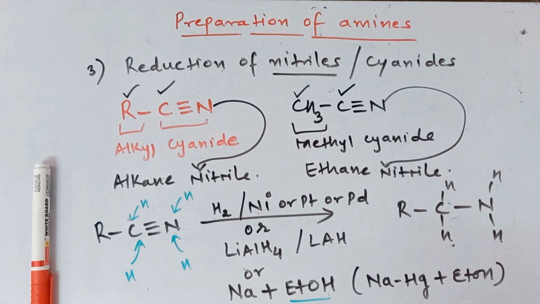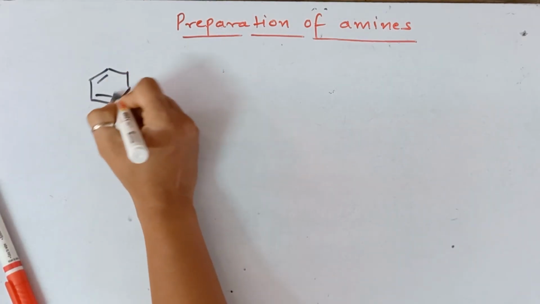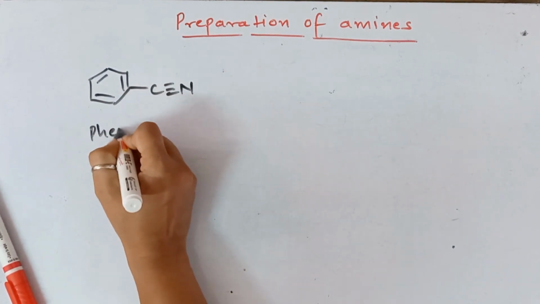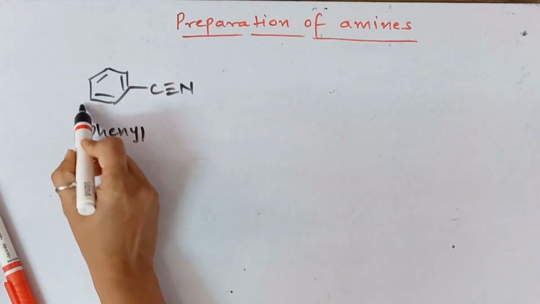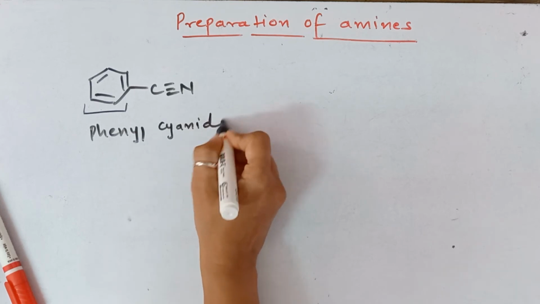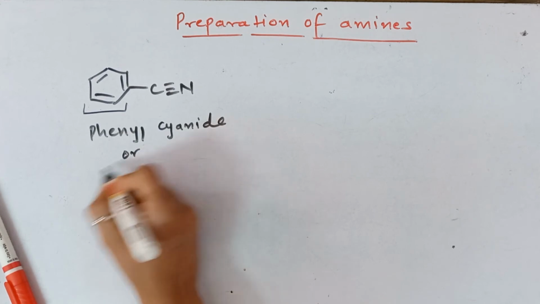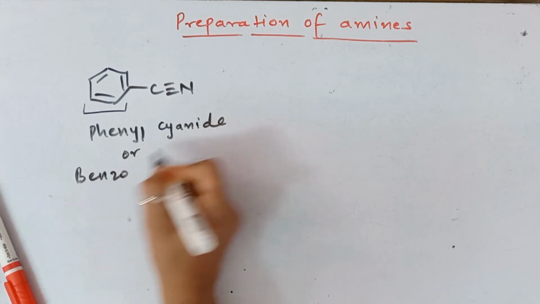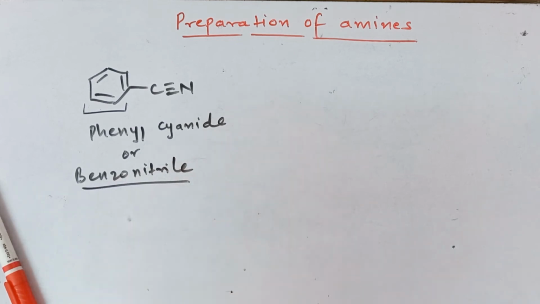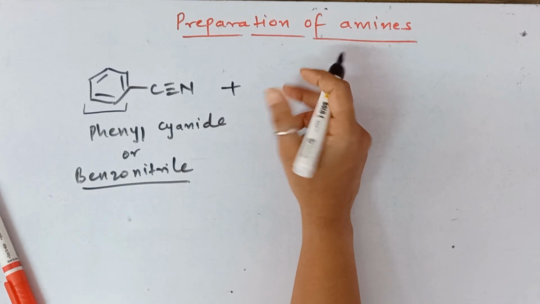Let's take an example. We are going to take the compound phenyl cyanide. This is phenyl and that's your cyanide. Phenyl cyanide is a very common compound used in your textbook as well as in the exam. Its IUPAC name is benzonitrile. Now I am going to reduce this compound using any of the reducing agents we discussed.